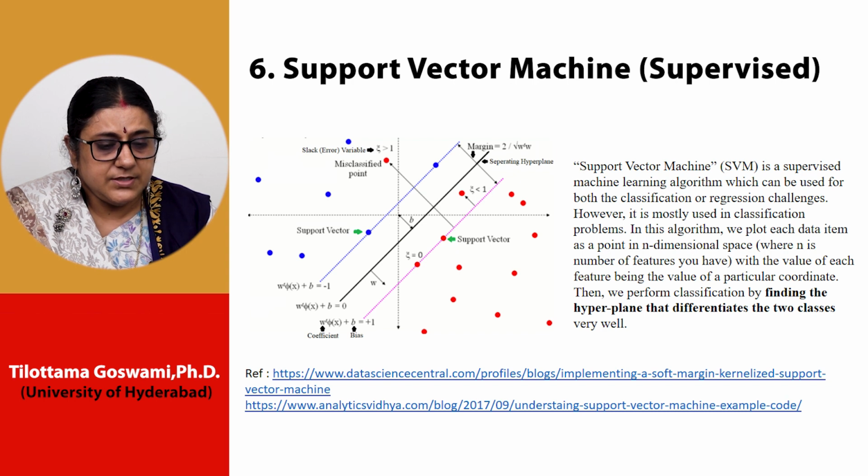So the terminology used in support vector machine: a separating hyperplane, a support vector for separating the blue points, and a support vector for separating the red points. So it's basically drawing a hyperplane with margins on both sides to segregate the blue points and the red points.